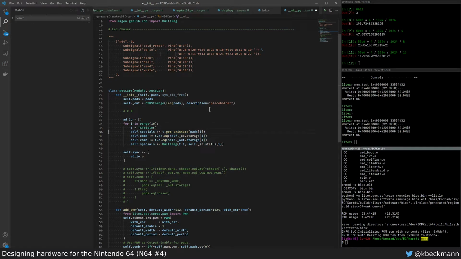So now we're creating this TS triple thing for all of the IO pins. I'm just trying to figure out what a sane way is to do this.